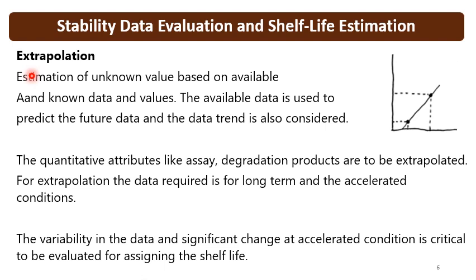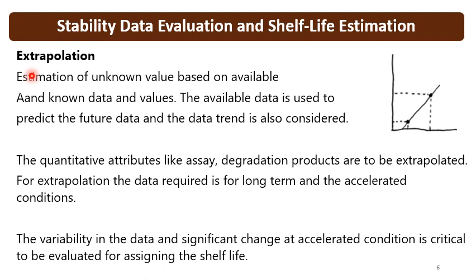If the data shows variability, like sometimes assay is coming 97, sometimes it is going 103, sometimes again it is coming to 100, sometimes it is going to 96, so the batch is same. Also you should consider why variation might be there. Root cause analysis should be done.